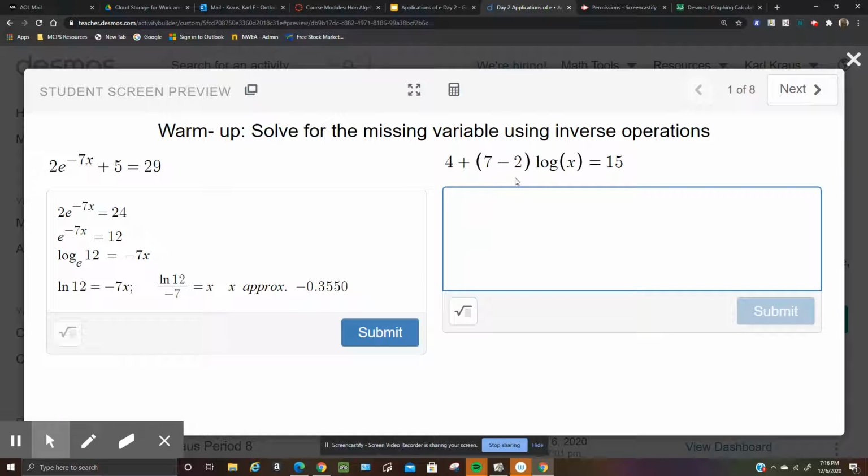All right, and then over here, I want to simplify what's inside the parentheses first. So 4 plus 5 log x equals 15.